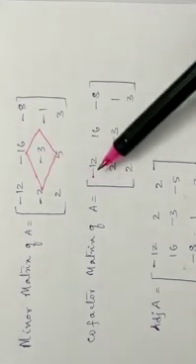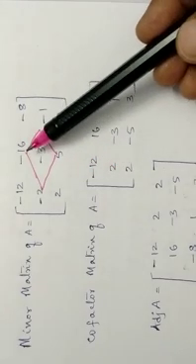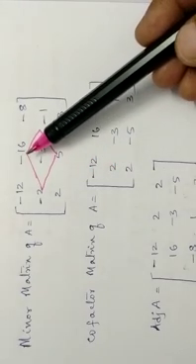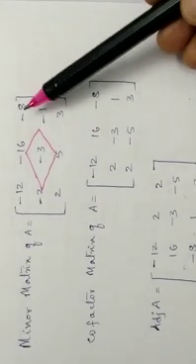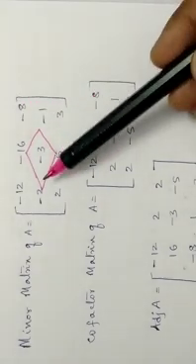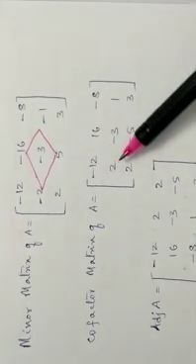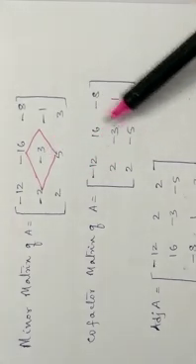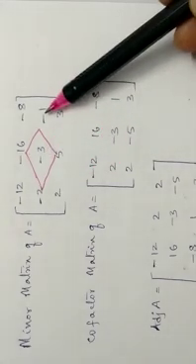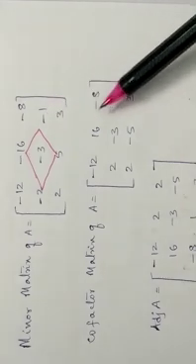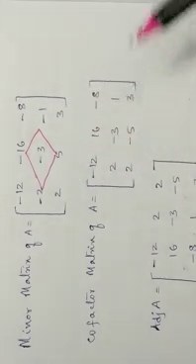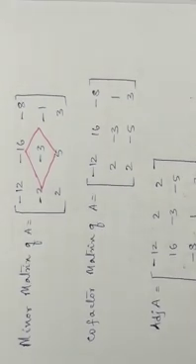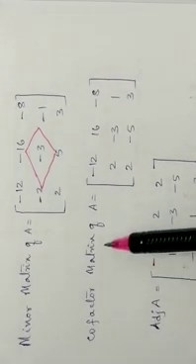So minus 12. Since this is a diamond shaped element, minus 16 becomes plus 16, minus 8, minus 2 becomes plus 2, minus 3, minus 1 becomes plus 1, 2, minus 5, 3. This is the cofactor matrix.